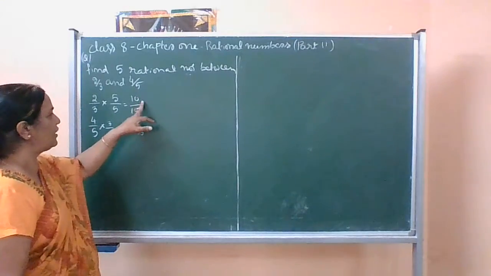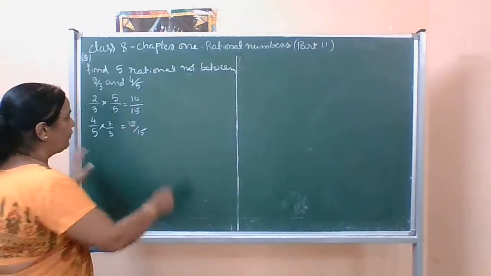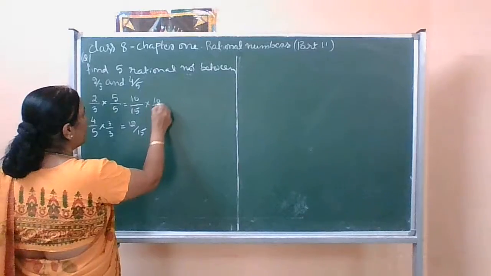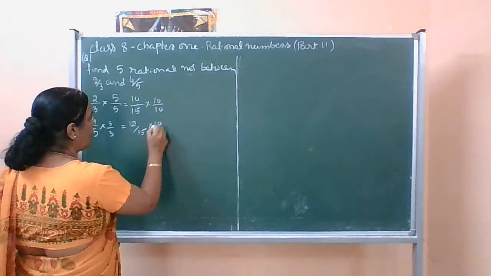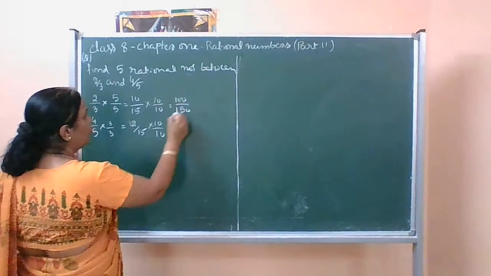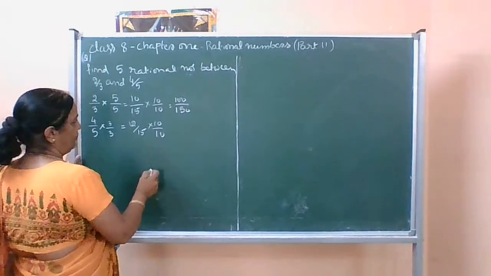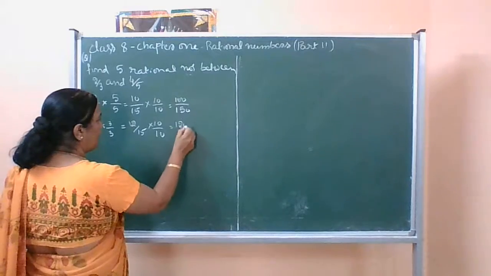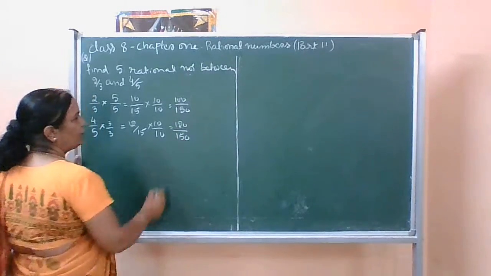That is, after 10 it is 11 by 15. Therefore, I will multiply both by 10. What happens? 10 tens are 100, 15 tens are 150. Here it is 120 by 150.